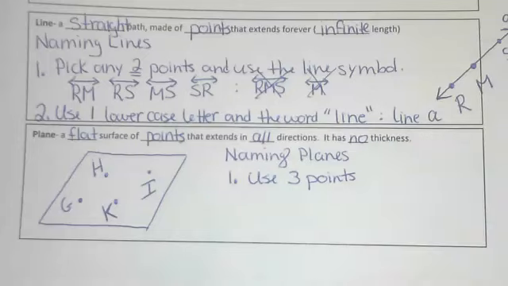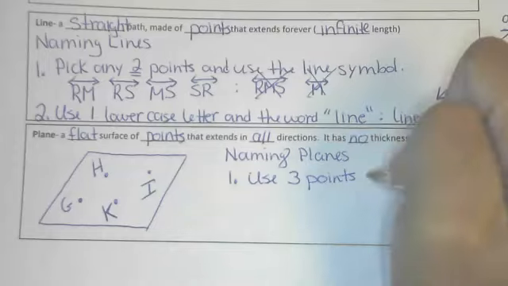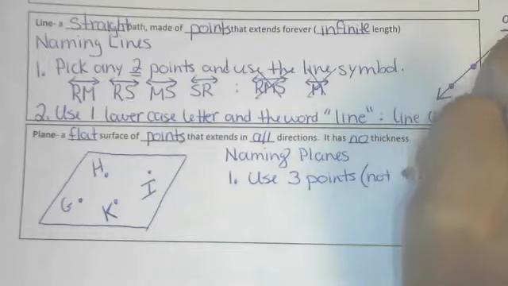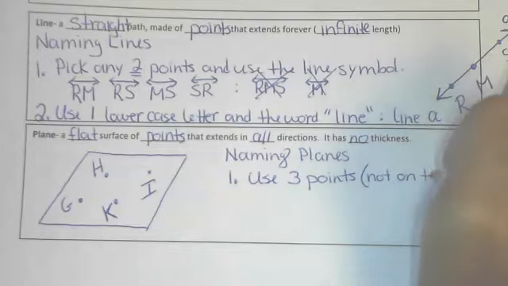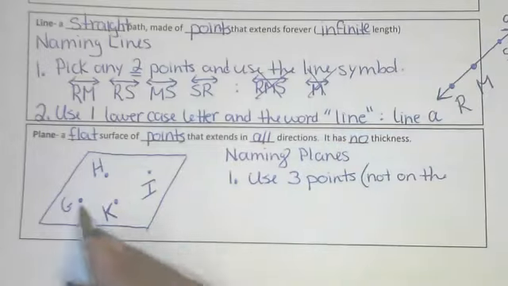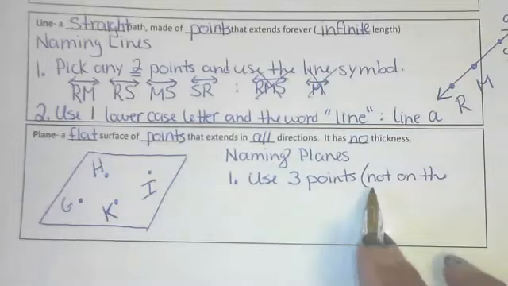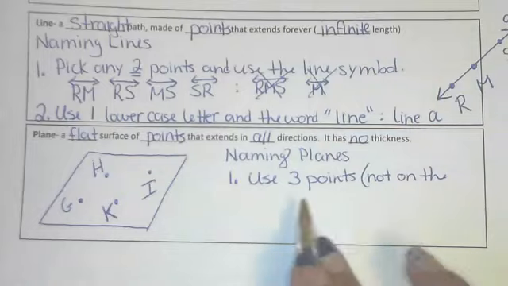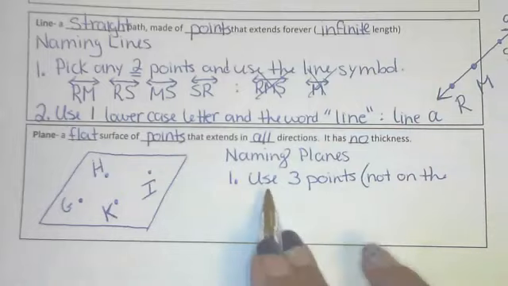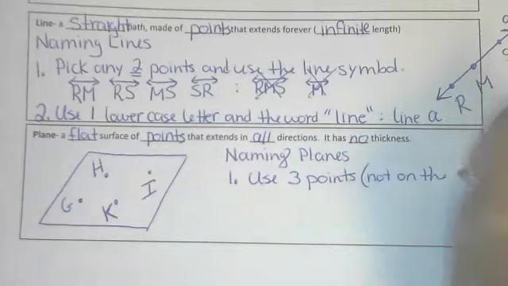And the only condition is your three points can't all lie on the same line. So use three points not on the same line. I don't have that here. I didn't put three points that would all be able to be connected with one line, so we won't get that wrong, but you might have a picture in the homework where they do have three on a line. You cannot use those three to name the plane. So use three points not on the same line.